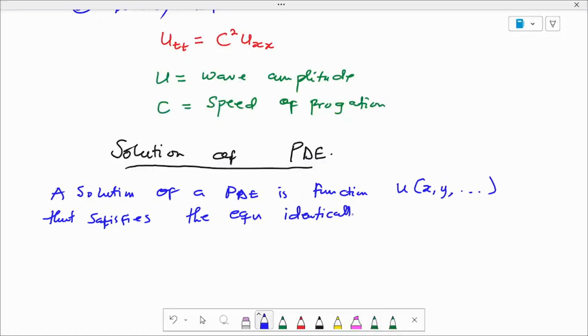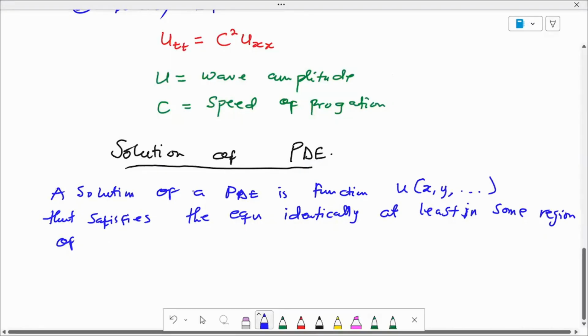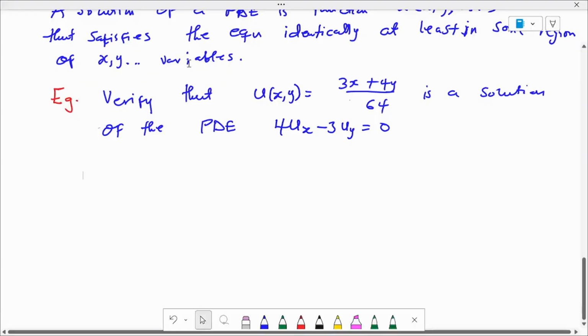It is not always that it will satisfy the equation everywhere, but at least in some region of the x, y variables.